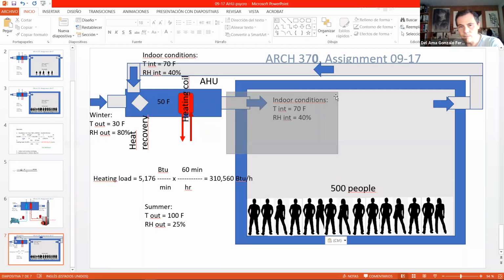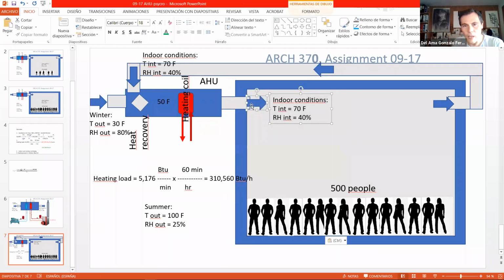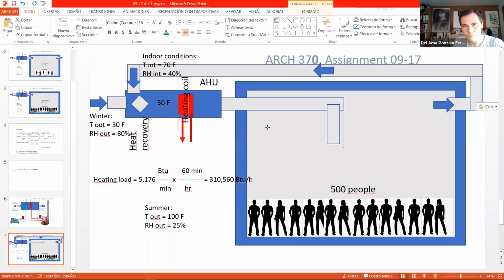Imagine that instead of a terminal unit, we have 3. One, 2, and 3.